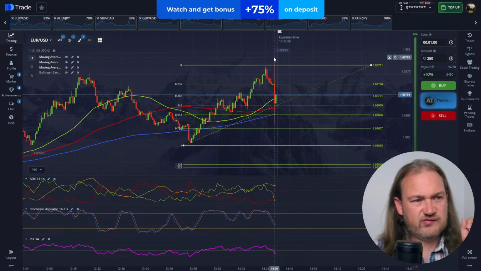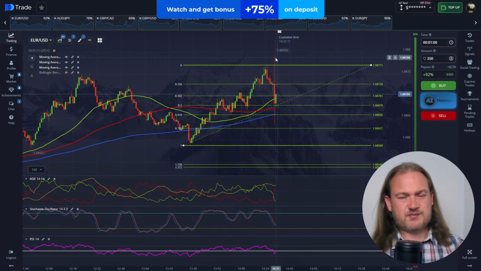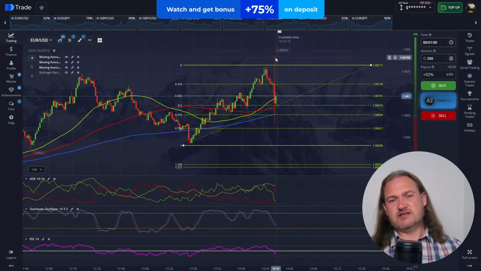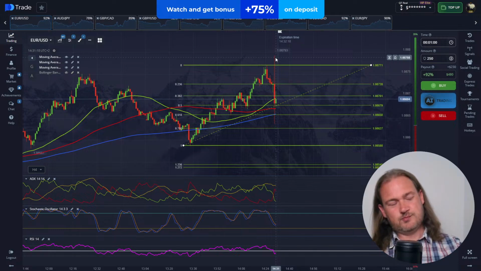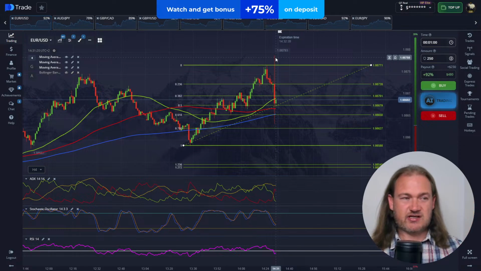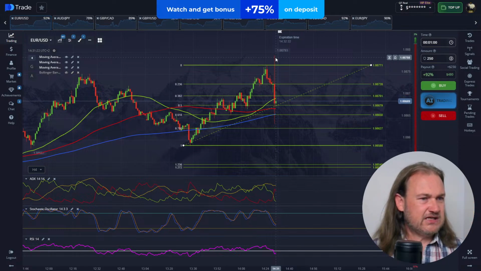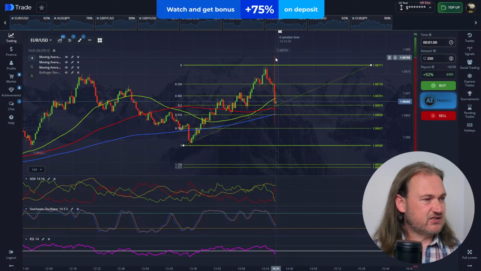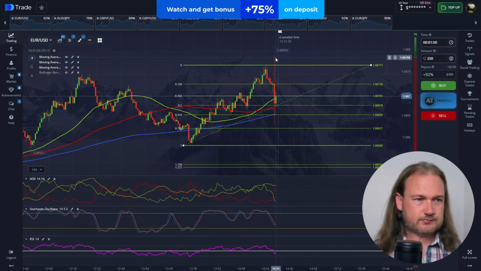Sometimes the reaction to data is that price will just jump in one direction and keep going for a few seconds. Sometimes on movement like that, I will actually take a reversal trade.